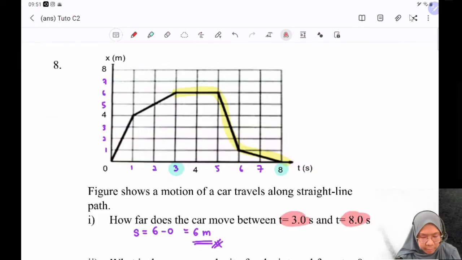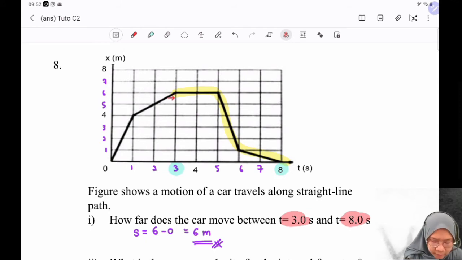Okay, alright. For number 8, so you are given a graph for x against t. So, kita ada graph s against t di mana gradient dia adalah velocity. Right, so figure shows the motion of a car travelling along a straight line. How far does the car move between 3 seconds and 8 second? Okay, so dia suruh awak bagi tahu jarak yang telah dilalui daripada masa 3 second ke 8 second.